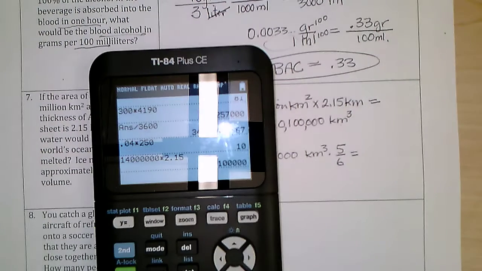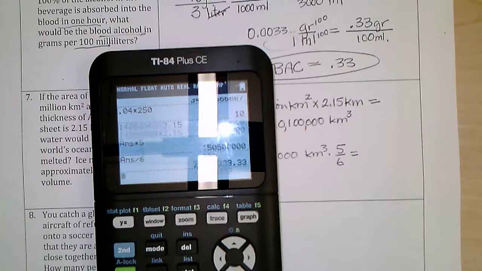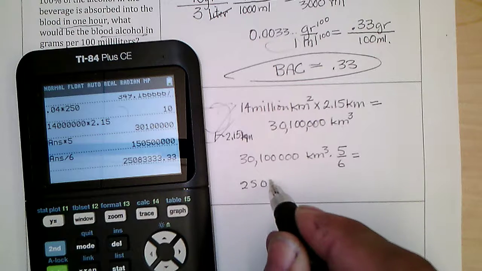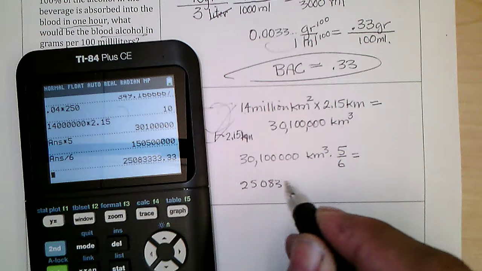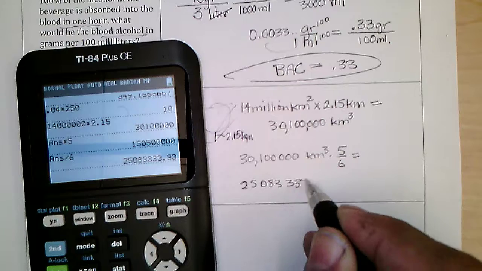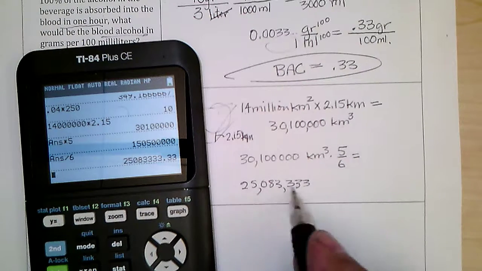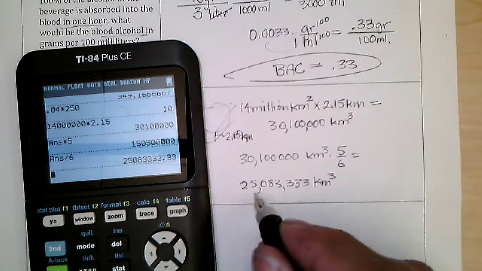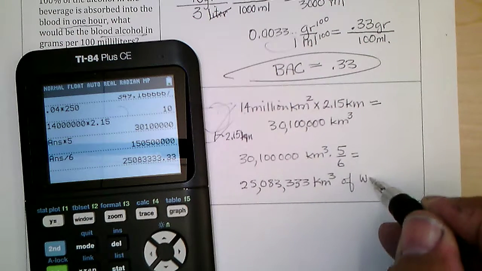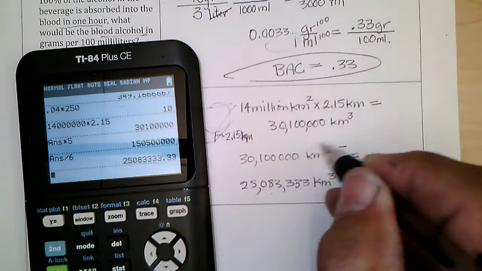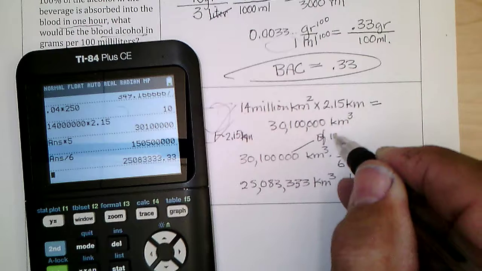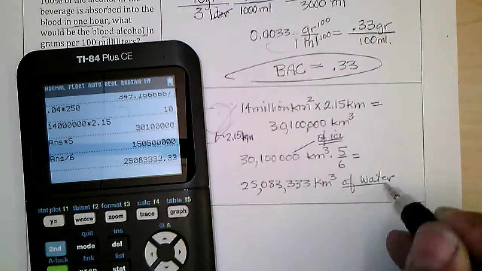So if I multiply this by 5 and then divide by 6, I get 25,083,333, roughly 25 million kilometers cubed of water. This was of ice. And this is the water.